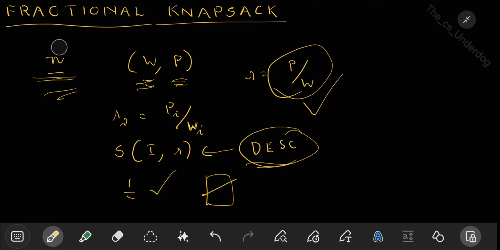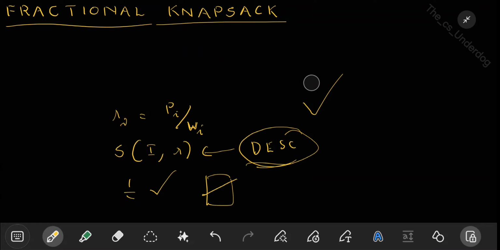So in order to clarify that, you have to check the two properties, and let us see how those properties are satisfied in this particular case. The first property is greedy choice property, and the second one is optimal substructure. These two properties are to be satisfied if you have to use a greedy strategy.